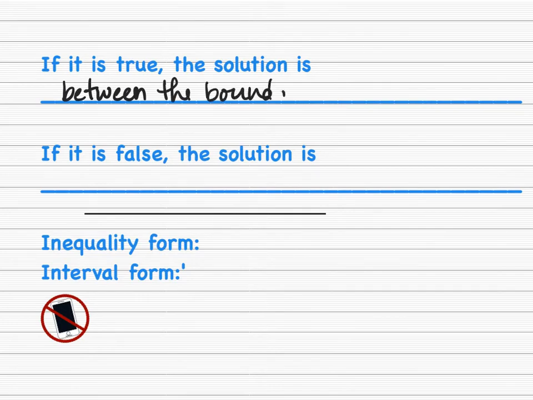If it's not true, as it was in this case, then the solution is away from the boundaries or outside of the boundaries, and that's going to be in both directions.